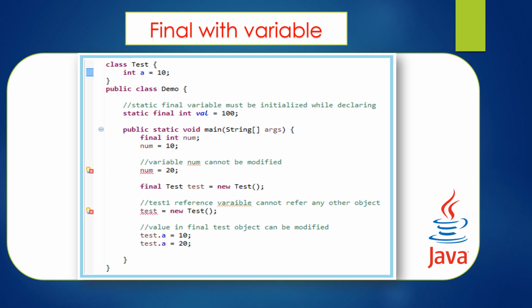In this code we can see if we use final with a variable, like in this main method I have an integer num variable and assign the value 10 to num. Further, if I change that num variable and assign a new value 20, it shows an error because we have assigned the final keyword to the num variable, which means that it becomes a constant and we cannot change that variable.